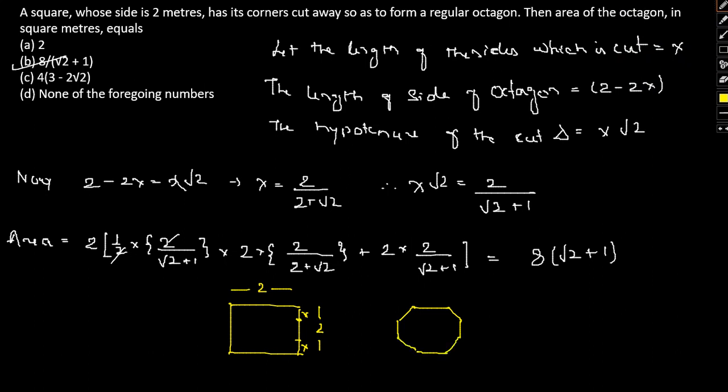So this is x, this is x, this is x, this is x, 2 minus twice x, 2 minus twice x, twice x, and 2 minus twice x. Okay, so this is what we actually did. Simply we split everything into parts of side x, and then subsequently we simply found out the area as well.